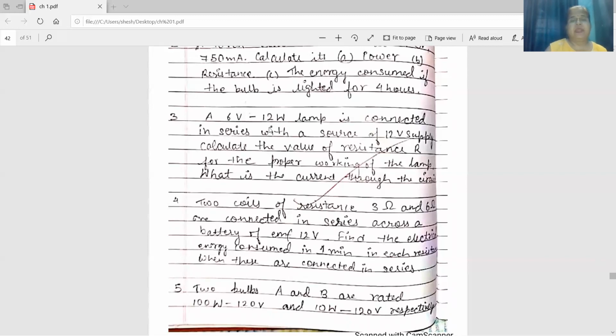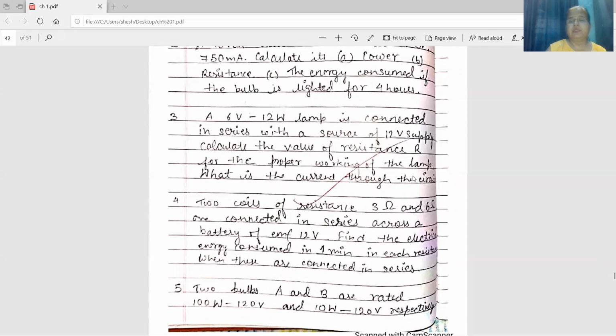The lamp is rated: potential difference is given as 6 volt and power is given as 12 watt. It is in series with a source whose potential difference is 12 volt. Calculate the value of the resistance of the supply, that is the source, which we don't know and have to find out, capital R, for the proper working of the lamp.